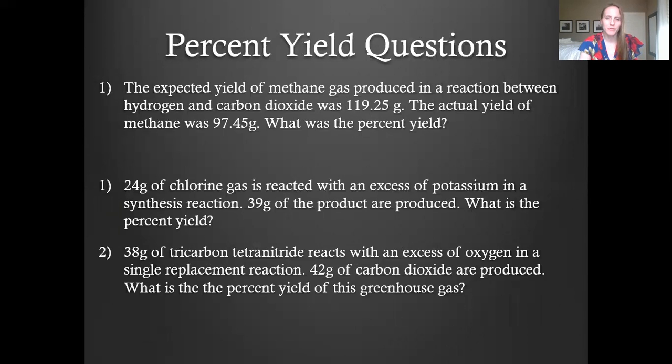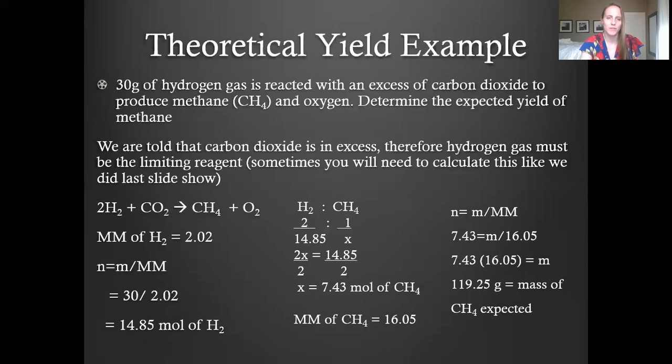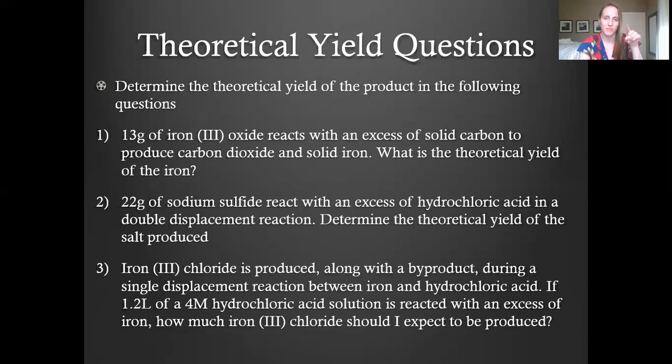So let's work through some of these questions here. Again, if you want to go back and try some of these theoretical yield questions, you can if you want. But that's really just the first step of a percent yield question, and you will never be asked just for the theoretical yield unless it's a limiting reagent problem and you're asked how much product is being produced.